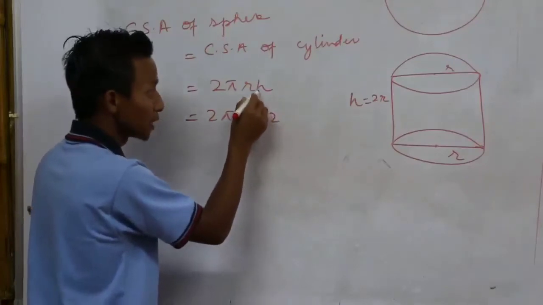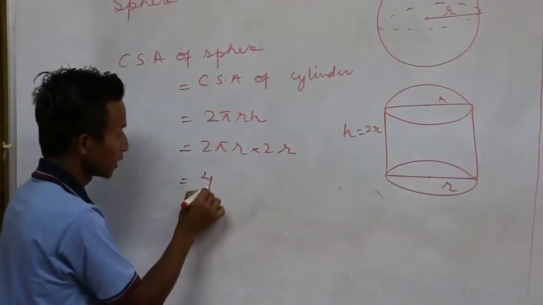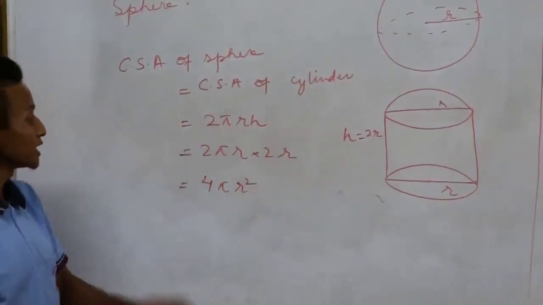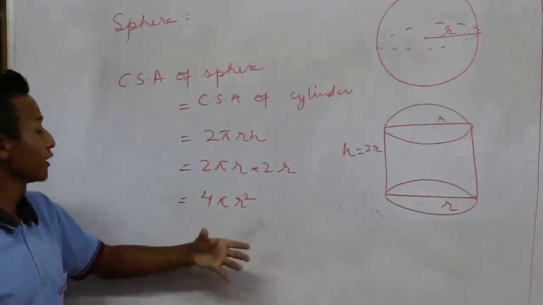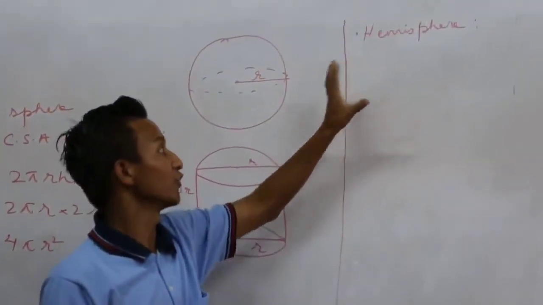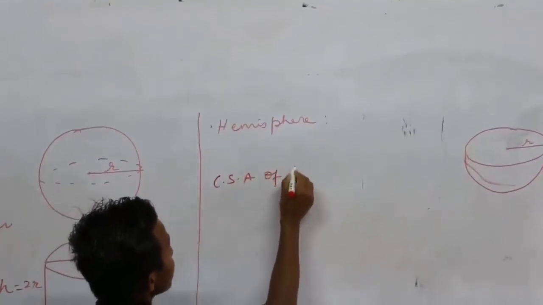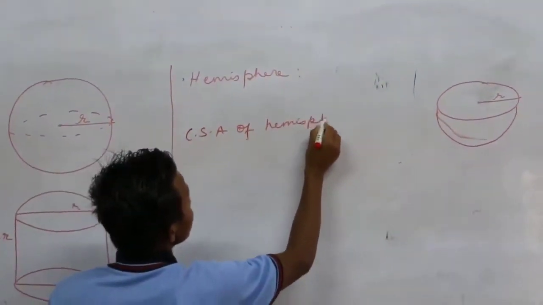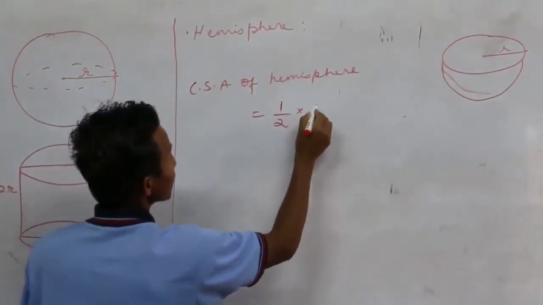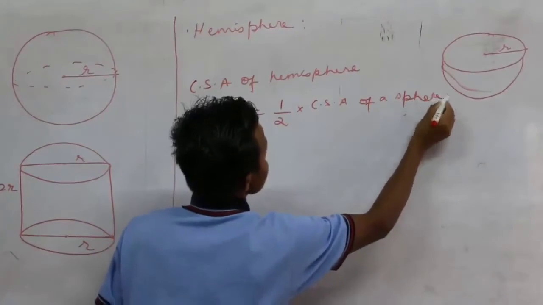So I will replace h by twice r, and here 2 into 2 is equal to 4, and we have pi, and r into r we have r squared. So this is the curved surface area of a sphere, and here we have a hemisphere, which is half of the sphere. So the curved surface area of a hemisphere will equal half of the curved surface area of a sphere.